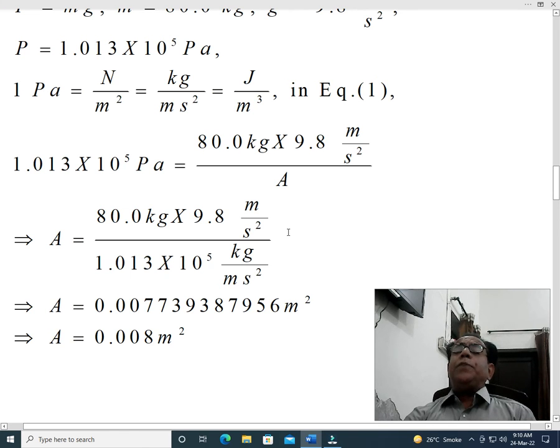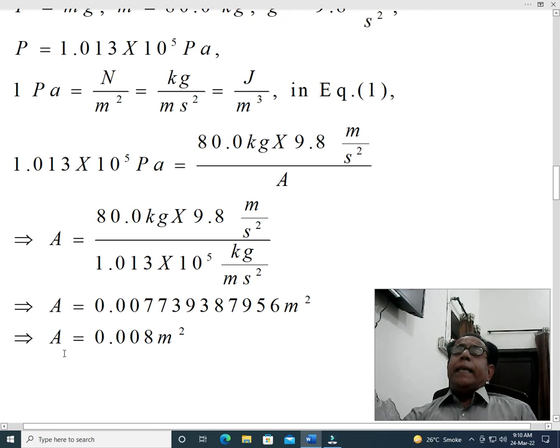We know that area is in two dimensions, always in meter square or centimeter square, etc., while volume is in three dimensions, meter cube, centimeter cube, etc. Hence after simplification, area will become equal to 0.08 meter square. So this is our solution of the problem.